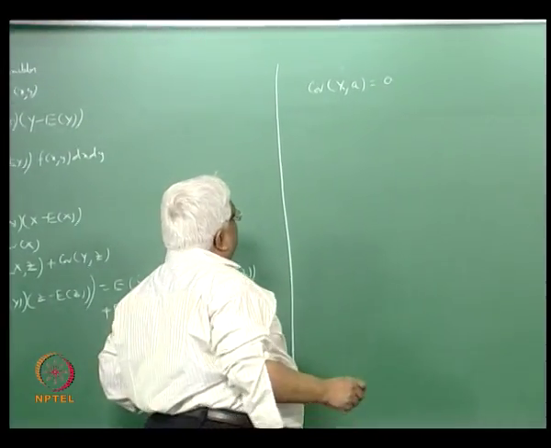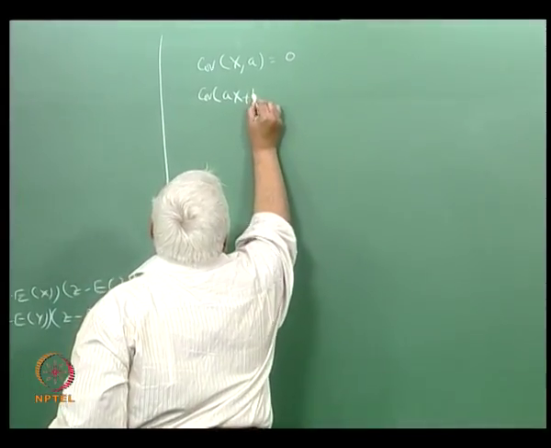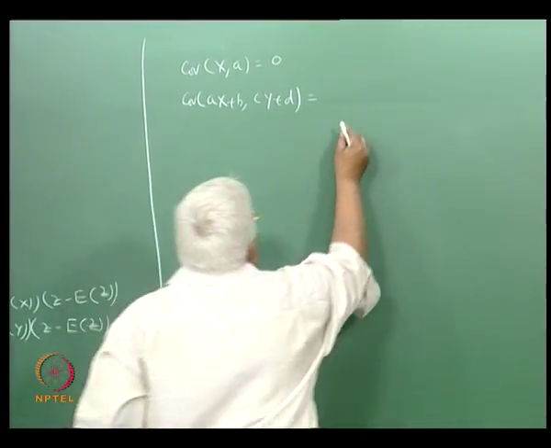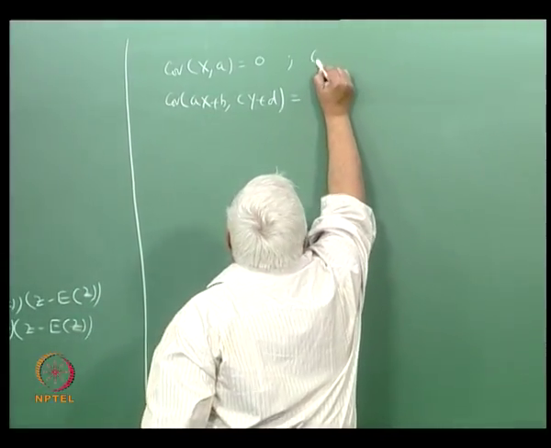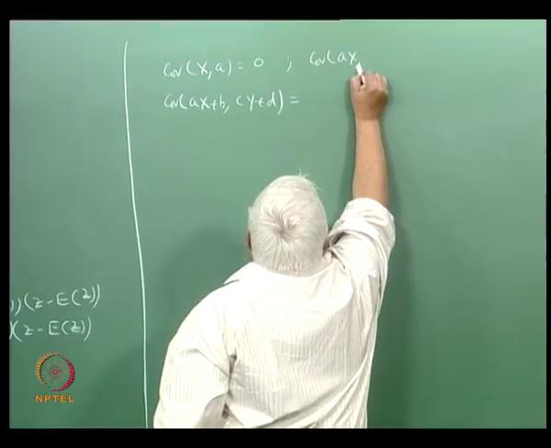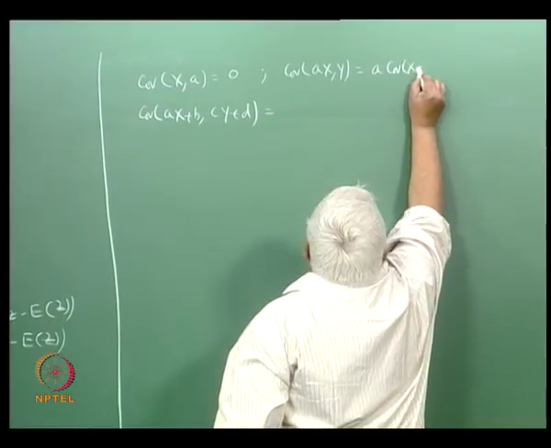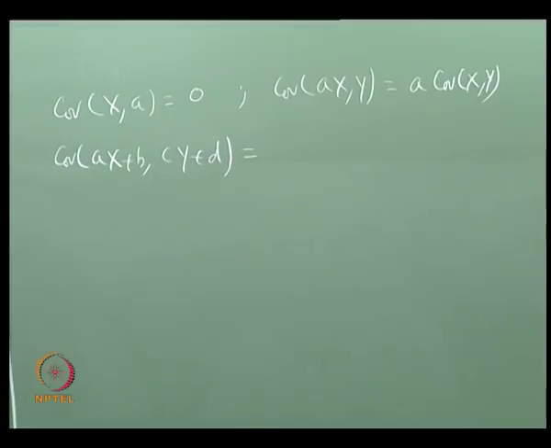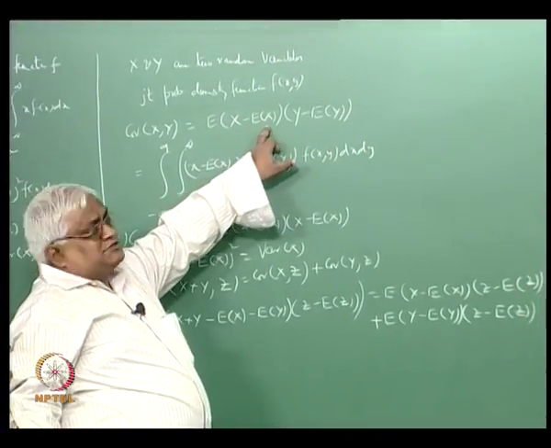So, covariance of x with a is 0. And covariance of a x plus b with c y plus d, first, before that, covariance of a x with y is equal to a times covariance of x with y. Again you apply the formula: a x minus a into expectation of x.